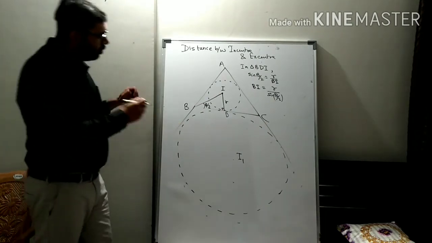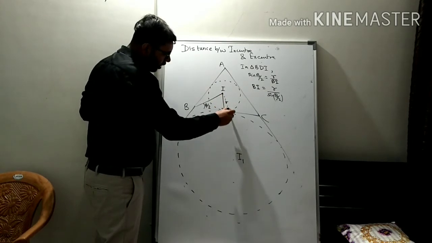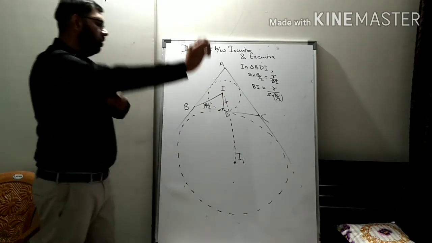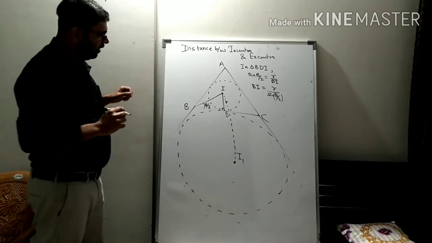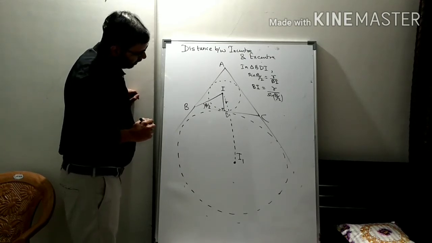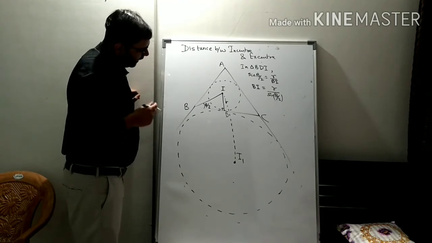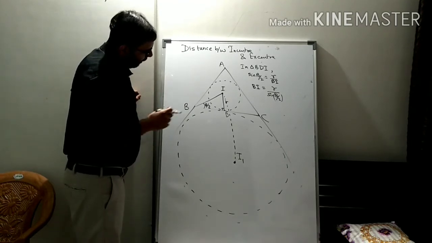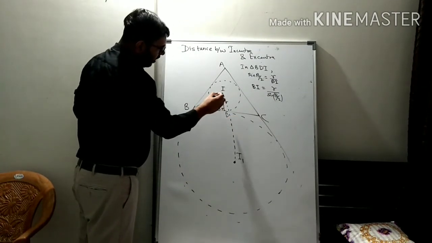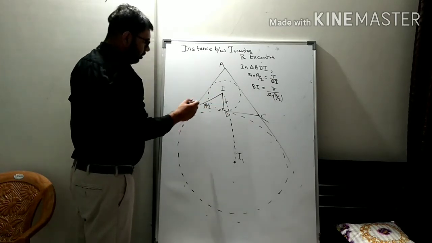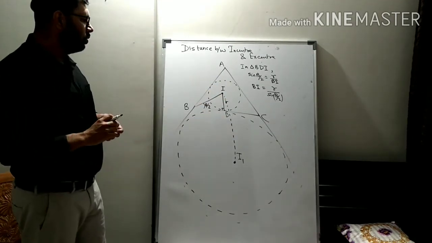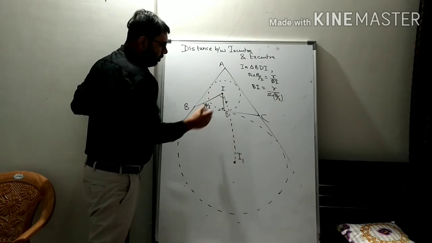Now you connect these two centers, the excenter and the incenter, because we are interested in finding this length. For finding II1, I want to find this angle, angle BII1.